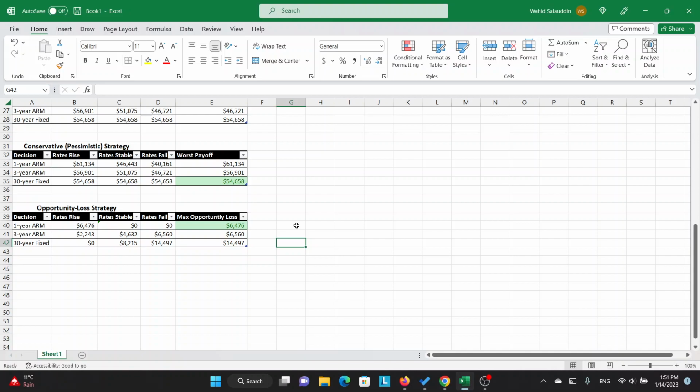If we choose the 30-year fixed rate mortgage, it's going to be 14,497. So in this case, we want to choose the minimum of all the maximum opportunity losses, so that in the worst case scenario, we pay the lowest amount of difference. If we're choosing the opportunity loss strategy, we are going to choose the first option, that is the 1-year adjusted rate mortgage.